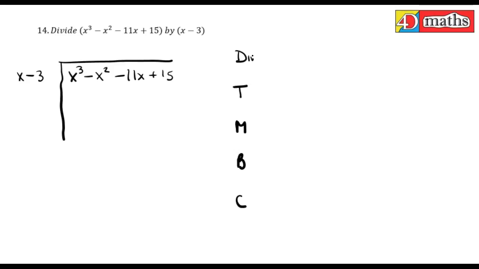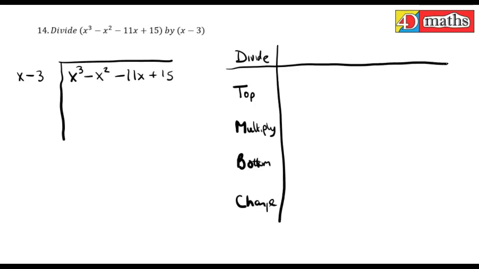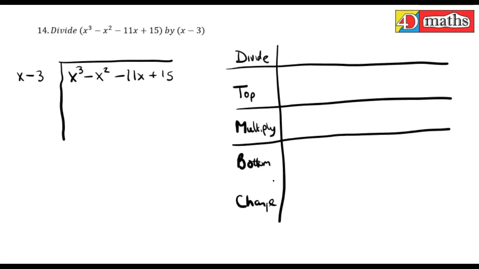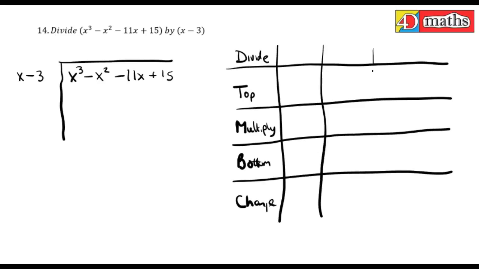They stand for divide, top, multiply, bottom, and change. So this is the order you do different things in, and you do this 3 times. So it's going to happen 3 times because this is a cubic equation.